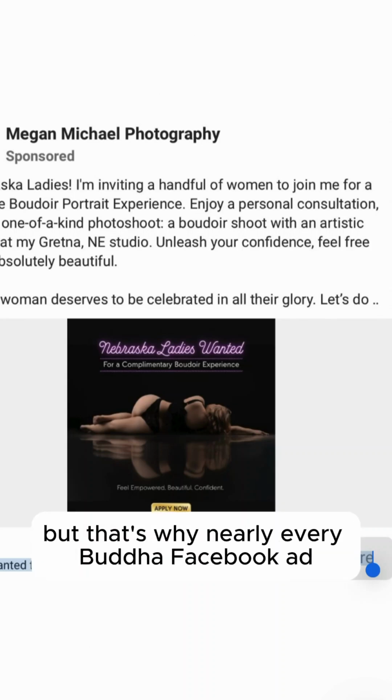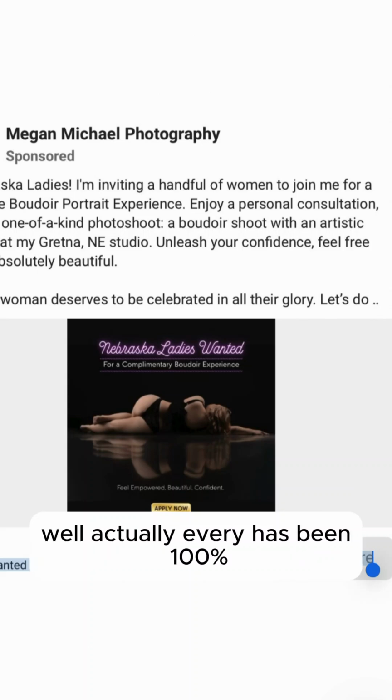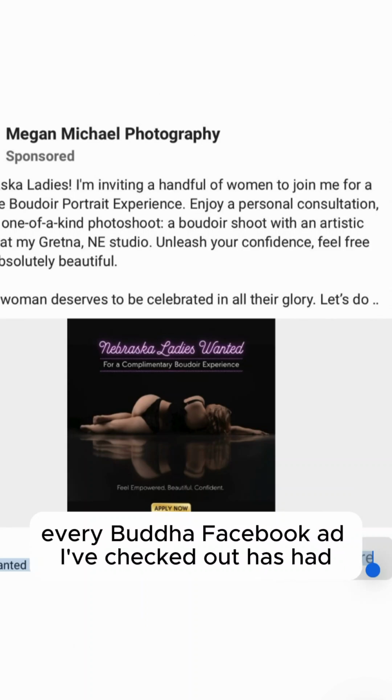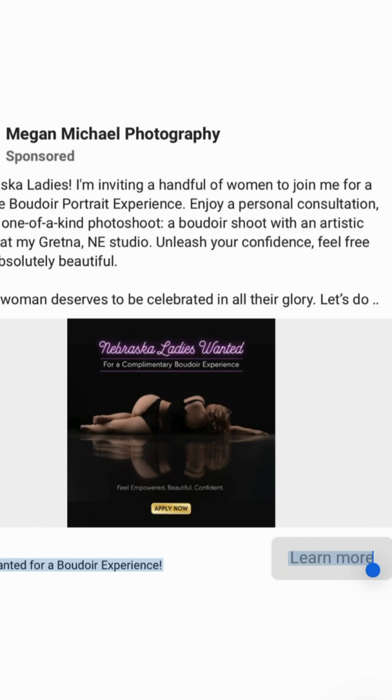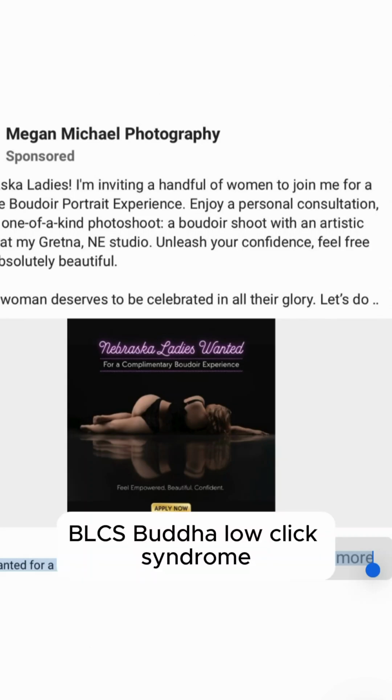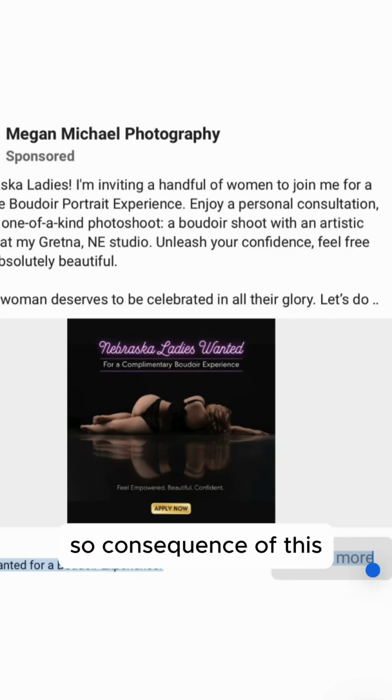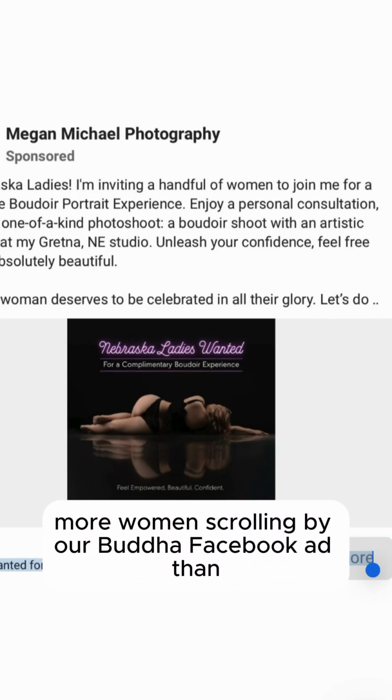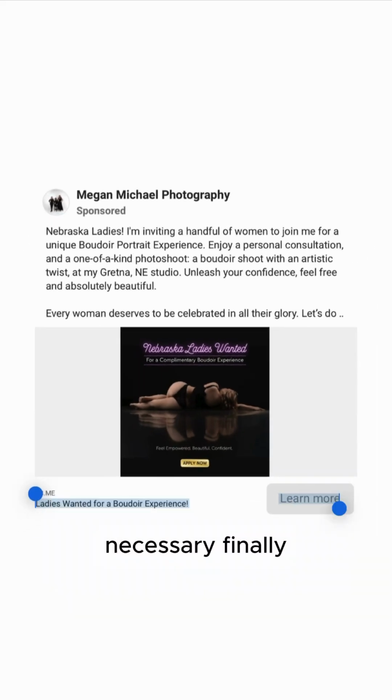But that's why nearly every boudoir Facebook ad, well, actually every, has been 100%. Every boudoir Facebook ad I've checked out has had BLCS, boudoir low click syndrome. So the consequence of this is more women scrolling by our boudoir Facebook ad than necessary.